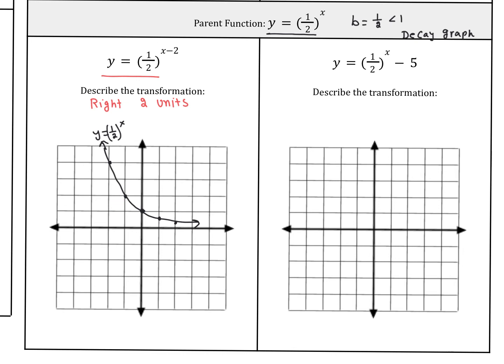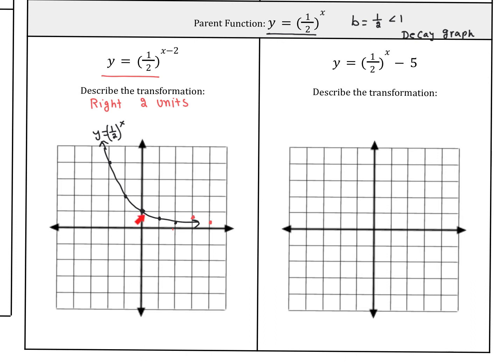So let's start with this one. If this is the point right here, moved 2 units to the right, that's going to be this point, which is 1 comma 1 over 2, move 2 units to the right, so 1, 2. So this is the point.